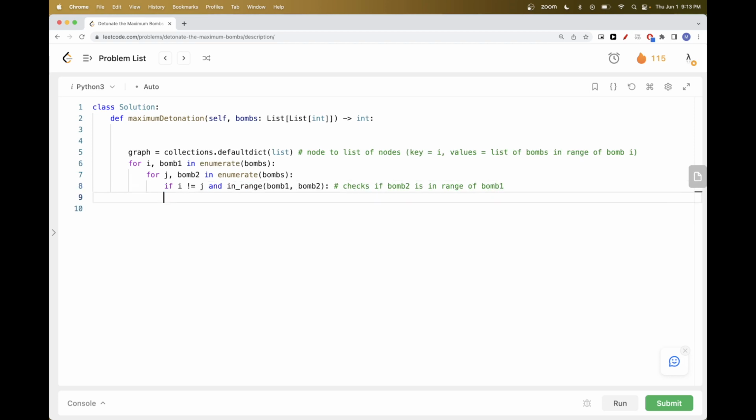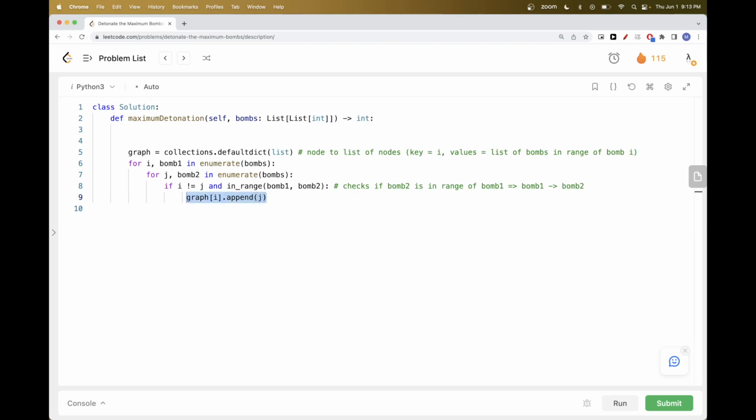If that's the case, then we want to say that there is an edge from bomb 1 to bomb 2, because bomb 2 is in the range. So the destination needs to be in the range of the source. So that's what we'll do, but we'll just add the indices, not the bombs themselves.